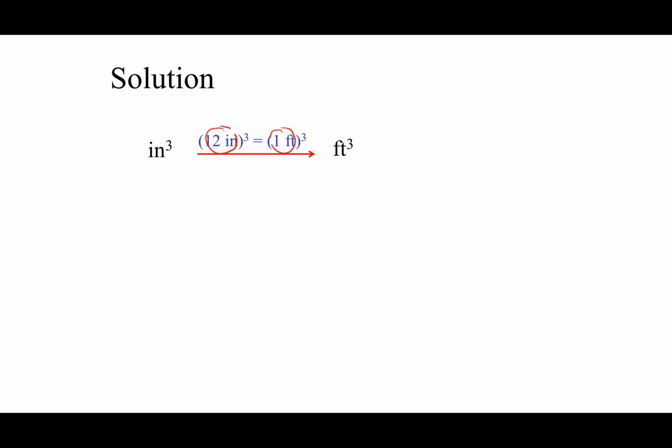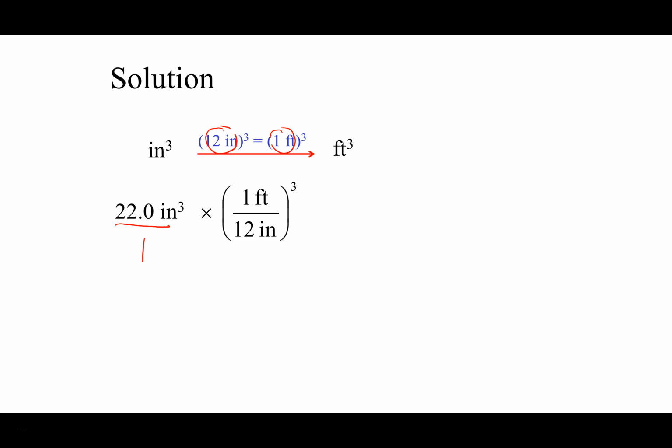That's the game plan. Our first term, like we've been talking, is going to be the thing we want to convert, and usually I would put this over 1. I'm going to show you some options for how you think about it. What I like to do is, because the cube thing confuses me sometimes, I will literally put 1 foot over 12 inches, 1 foot over 12 inches, 1 foot over 12 inches, just so I know I got my 12 raised to the 3rd power.